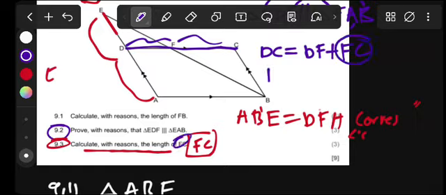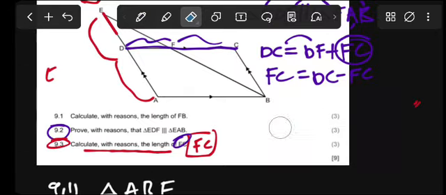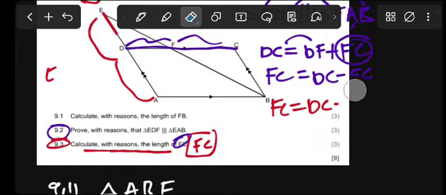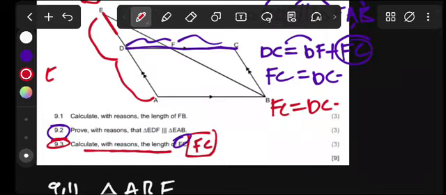If I make FC the subject, I'll take that to the other side, it will be FC is equal to DC minus DF, like this.